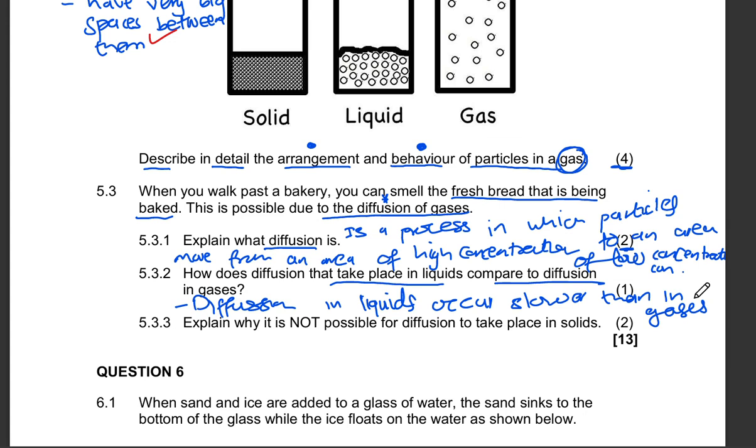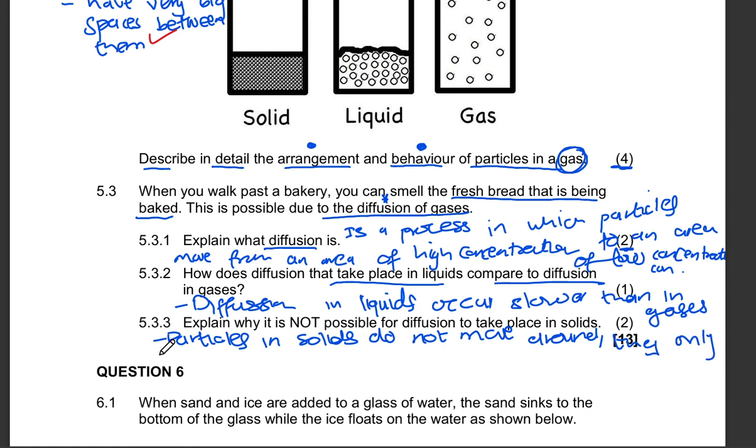5.3.3. Explain why it is not possible for diffusion to take place in solids, for 2 marks. The reason that diffusion cannot take place in solids, we know that particles in solids do not move around. They actually only vibrate on the spot.